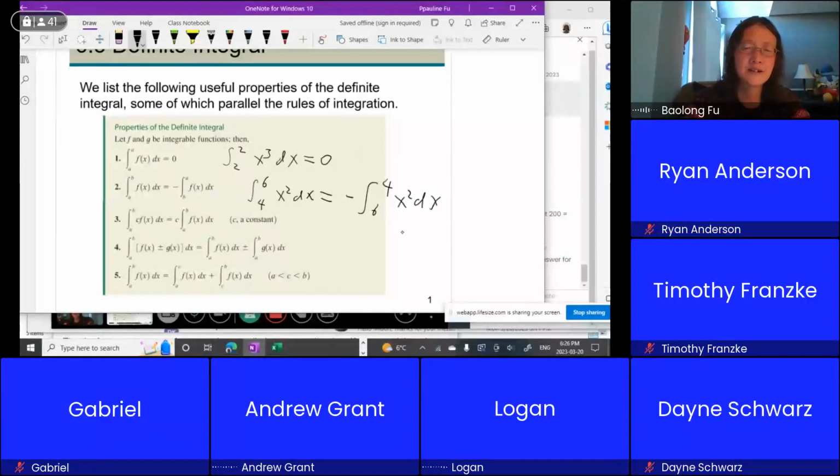Number 3 is obvious: if you have 3 times a function, you just move the constant in front of the integral. Number 4 is obvious.